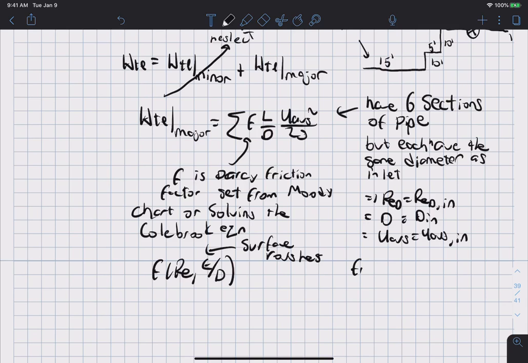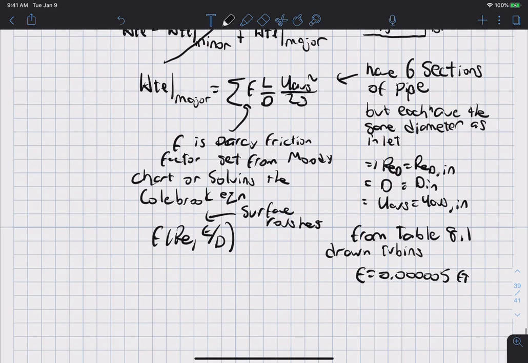So from table 8.1, for drawn tubing, epsilon equals 0.000005 feet. Okay? So we can get that.